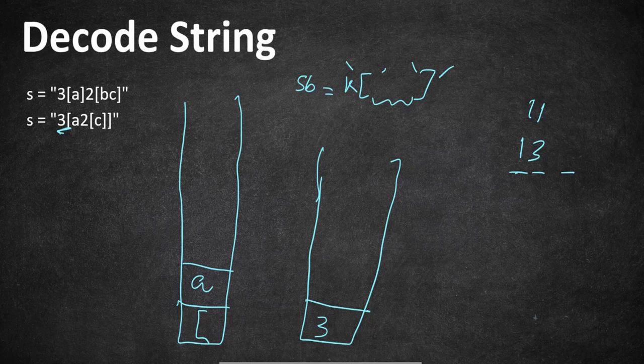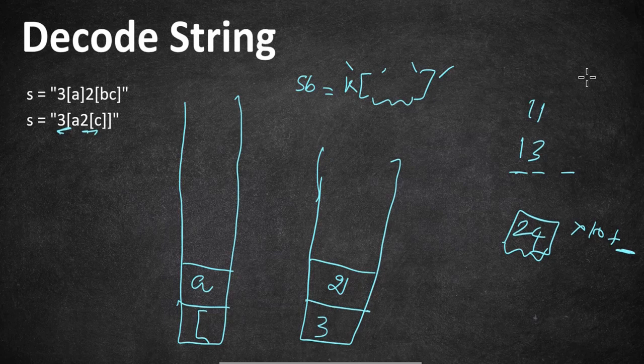The next character is 2, a number, so we put it into the number stack. If it were 24 or something, we would take the whole number by multiplying the previous value by 10 plus the next digit, and put that whole 24 here. Since it is a single digit, we simply leave it as such.